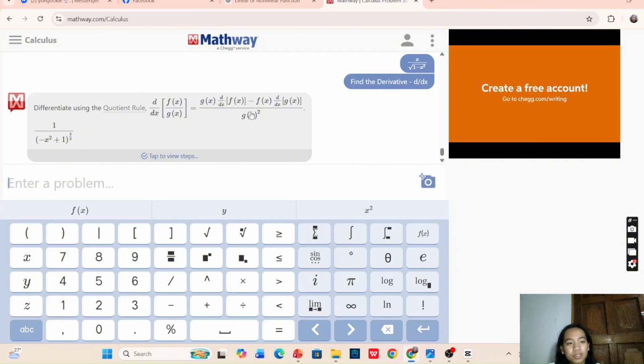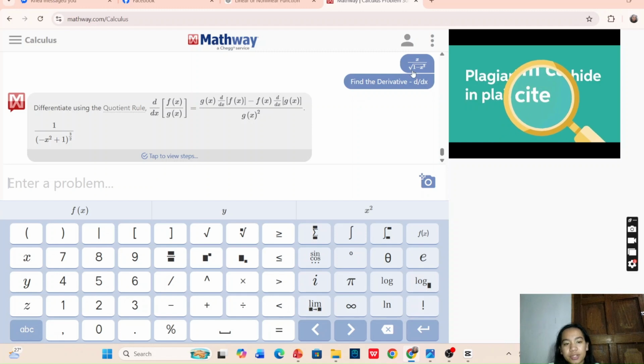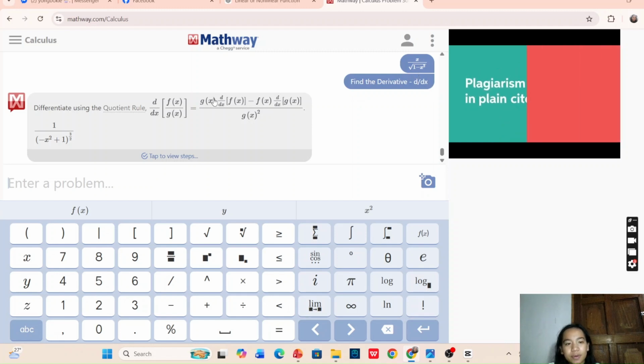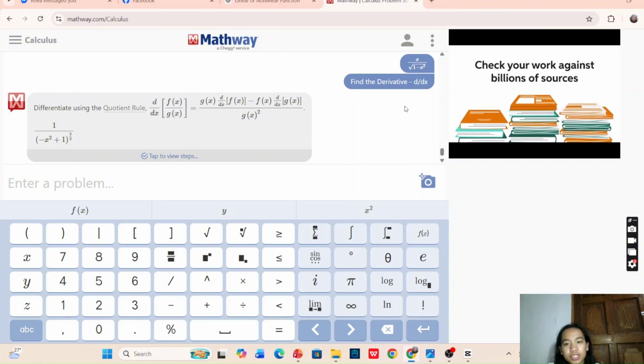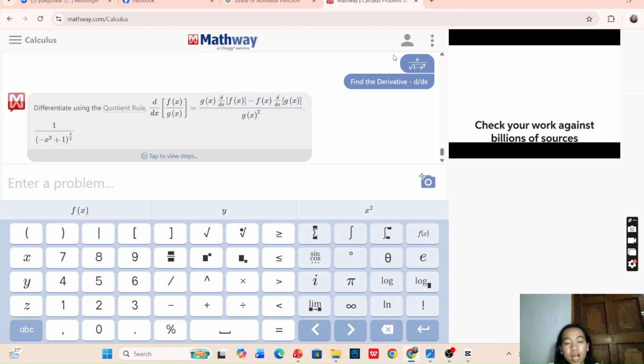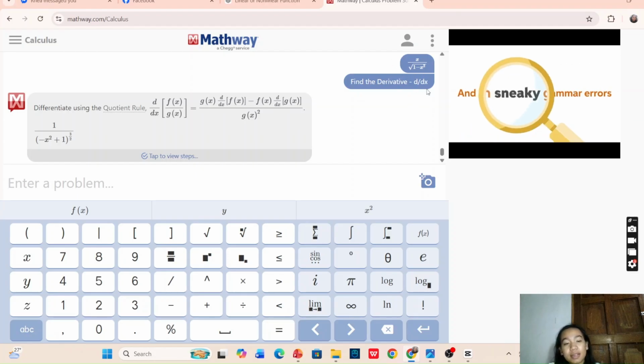By applying the quotient rule, x is our f of x, and the square root of 1 minus x squared is our g of x. We simply multiply g of x, which is the square root of 1 minus x squared, times the derivative of x, minus f of x, which is x, times the derivative of g of x, which can be gotten from the square root of 1 minus x squared.